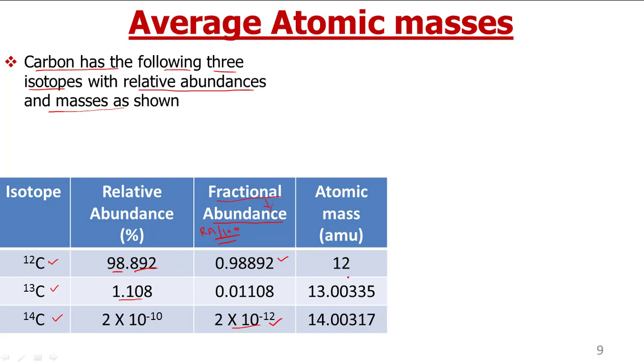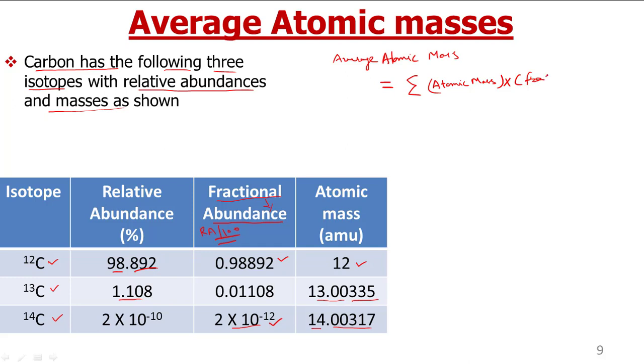Now this is the atomic mass of each isotope. Carbon 12 has 12 amu, which we consider as exactly 12. The mass of carbon 13 is 13.00335, whereas the mass of carbon 14 is 14.00317. So the average atomic mass is given by the summation of atomic mass multiplied by fractional abundance.